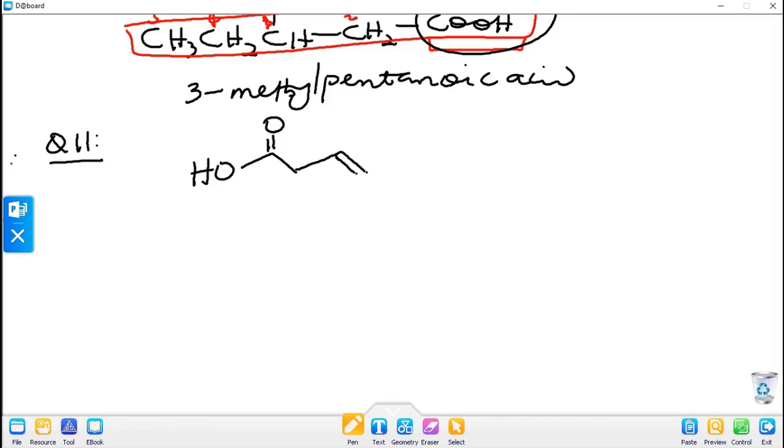We can see this is an example of a compound where there is a double bond between the carbon atoms. When you see something like this, you don't need to fidget. All you need to do is bring out the carbon atoms that are there.